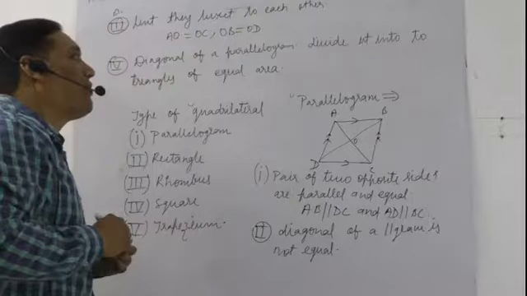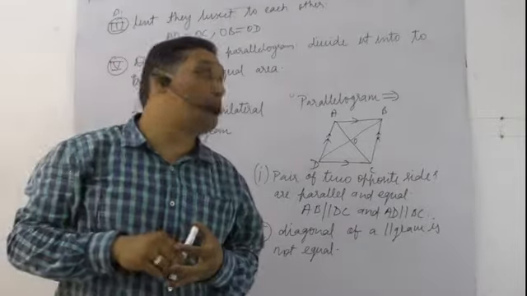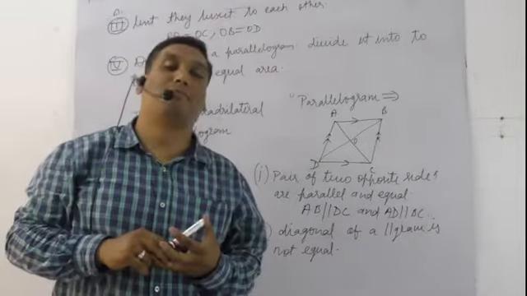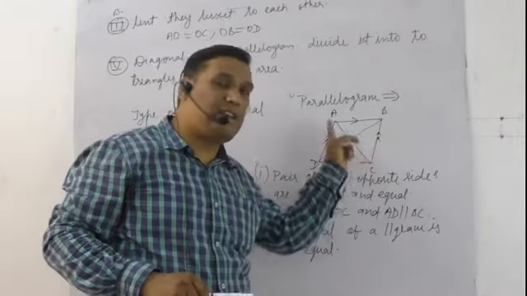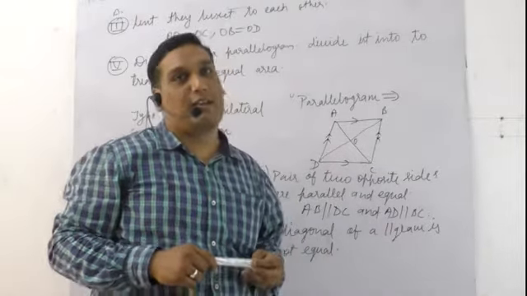Diagonal of a parallelogram divides it into two triangles of equal area. It means area of triangle ADC and area of triangle ABC, they are equal.